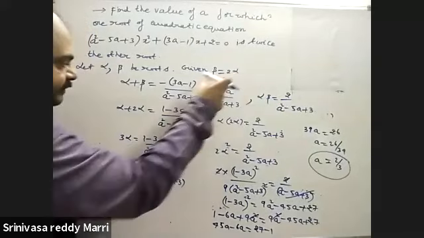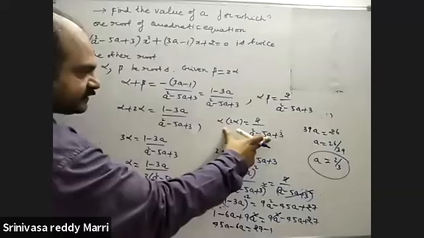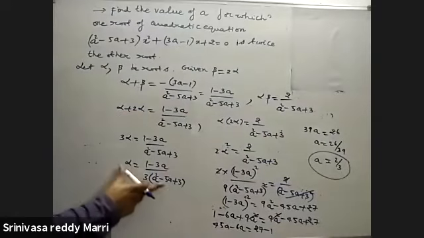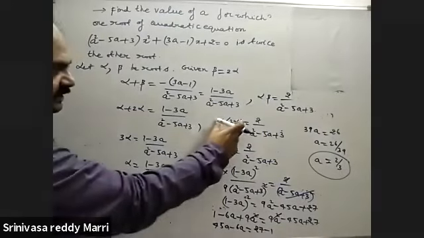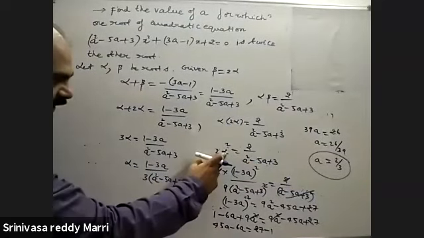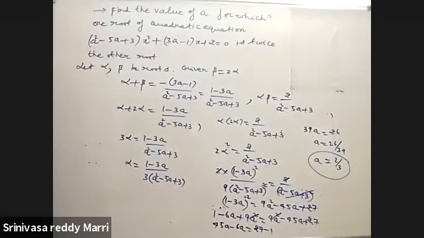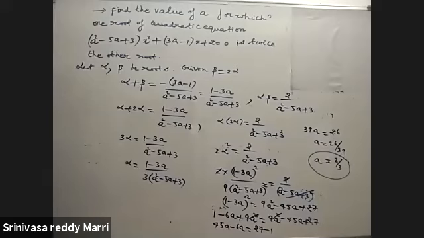Now substitute beta in terms of alpha here. From this equation you got alpha. Now this relation gives 2 alpha square. Substitute the alpha value here. Now you will get an equation in a. Find a. Like that your approach will be.